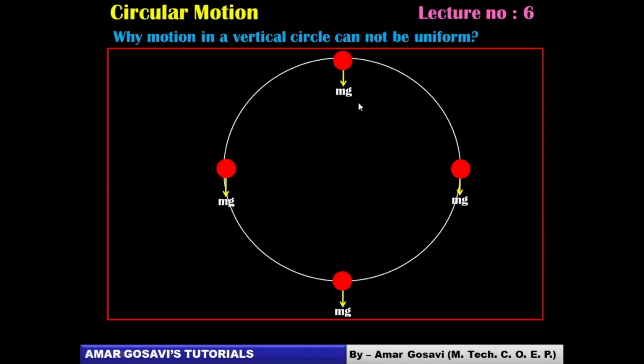Accordingly, the value of acceleration due to gravity will also comparatively vary, and that will impart acceleration to this type of motion, and therefore we can say the vertical circle cannot be a uniform motion basically. So this is the basic understanding behind it. Before we move ahead towards the further analysis, please make a note of this and then we move forward.